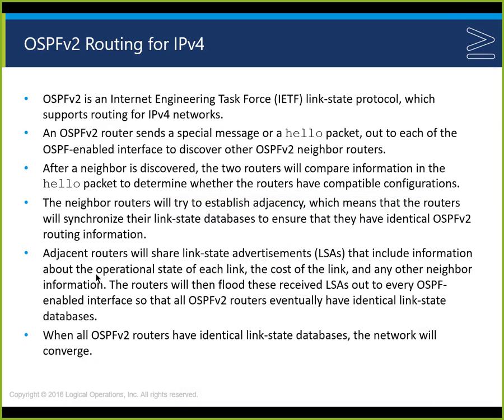So it sends hello packets after it's discovered, and compares information, whether the routers have compatible configurations. It will try to establish an adjacency, which means that the routers are going to synchronize their link state databases to ensure that they have identical OSPF information. They share the link state advertisements and flood these LSAs out to every OSPF enabled interface so that the routers eventually have a link state database.